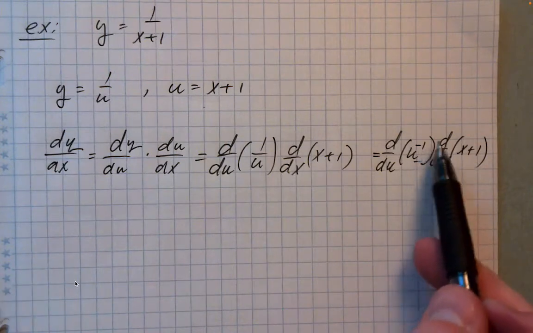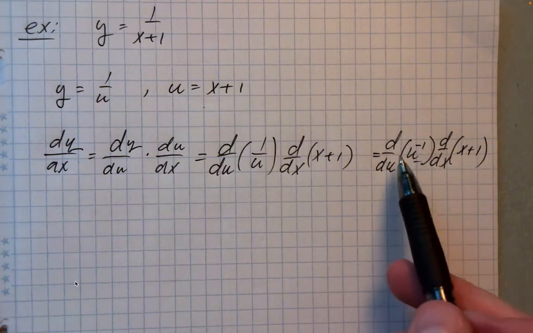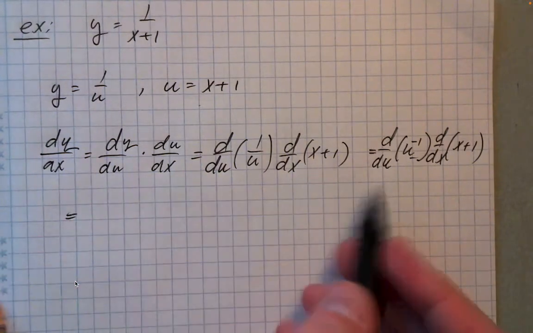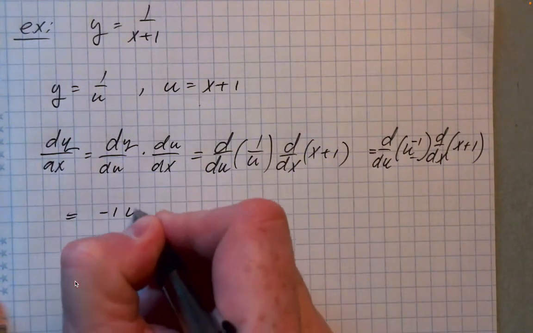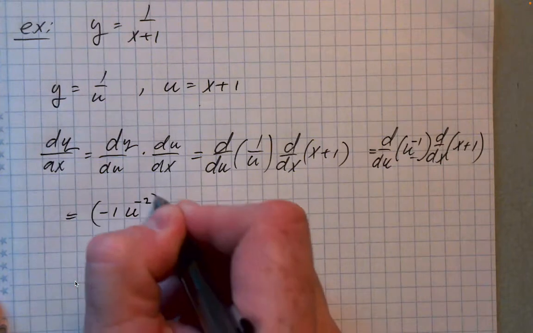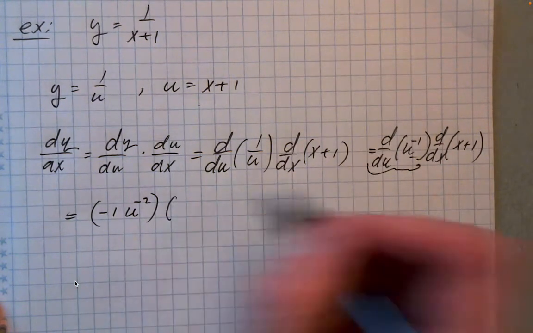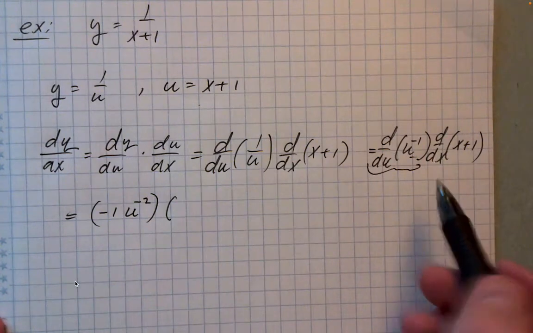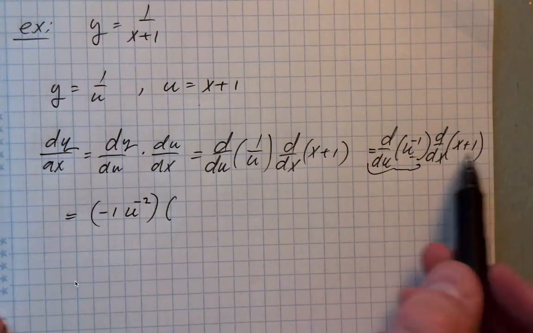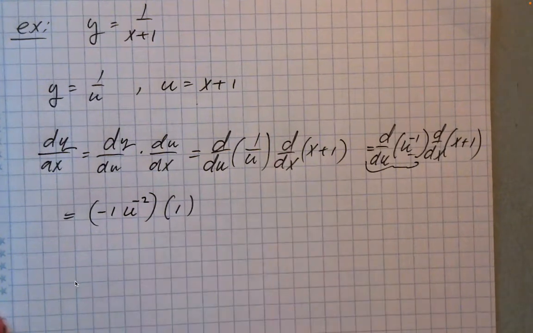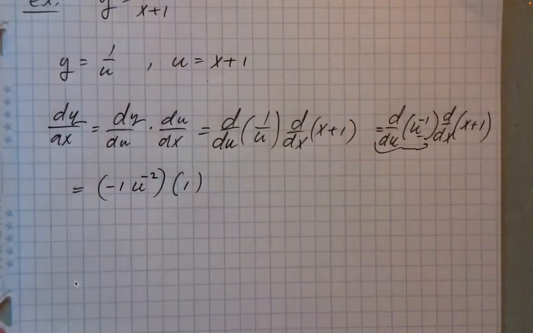So just bring the u to the top and convert the exponent to -1, and then it's really obvious what you have to do to differentiate this, right? You would say this is equal to -1 u to the -2 power, this piece here. And then the other one, of course, the x plus 1, well, that's just 1, right? The constant is 0, the x becomes just 1, and so it looks like this.